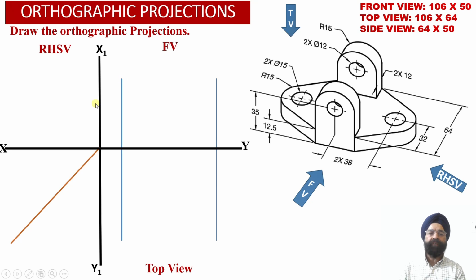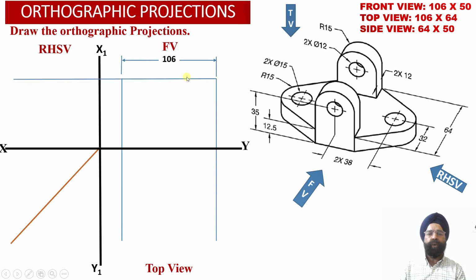So now we have drawn two vertical projector lines in the front view projection, and we have extended them into the top view projection. And the distance between these two vertical projectors we have marked equal to the width of the solid, which happens to be 106 millimeter. Now we also know that the height of the front face happens to be 50 millimeter.